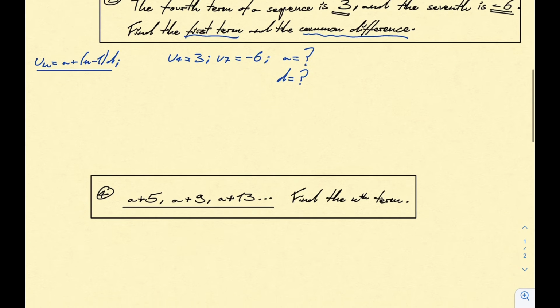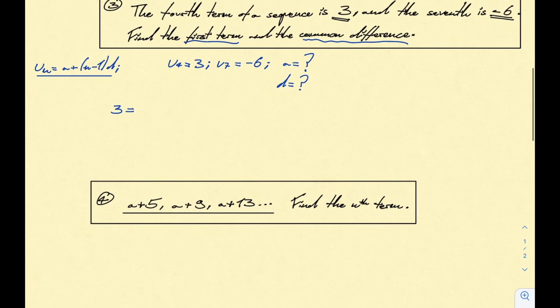It turns out that we can write this as two simultaneous equations. How? Well, we know that u4, so the fourth term, equals 3. I'm just using this formula. So 3 is equal to a, which we don't know, so that's an unknown value, plus n minus 1.